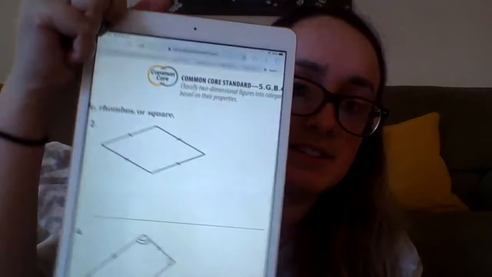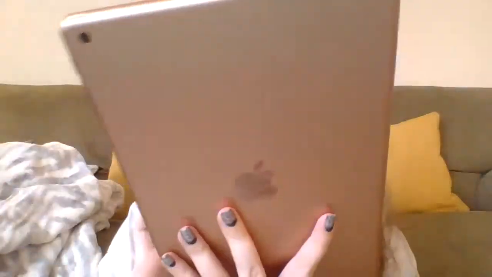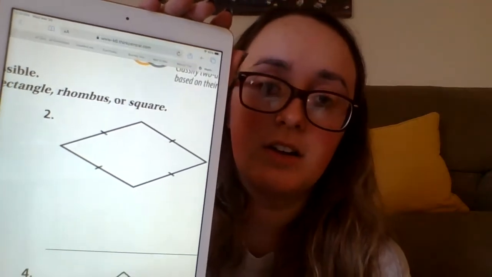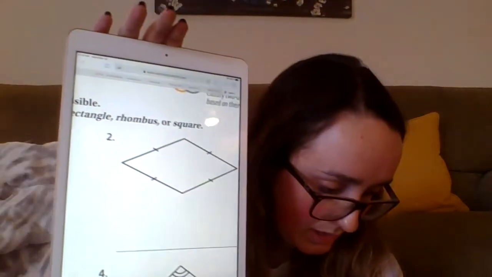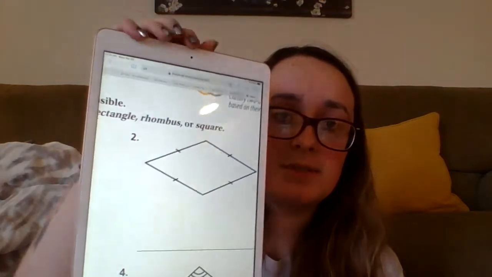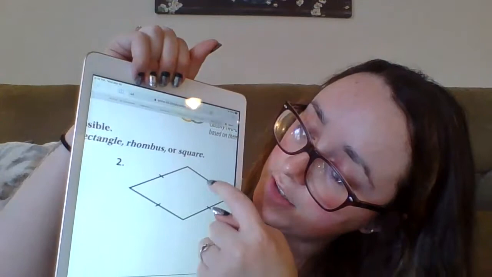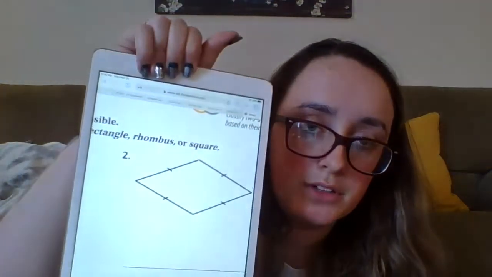If these lines, I just X'd out of it, are the same, that means that they're congruent. It says that the opposite sides are congruent. We're going to say that these opposite sides are congruent because all of these sides are congruent to each other. So it would also be a parallelogram.